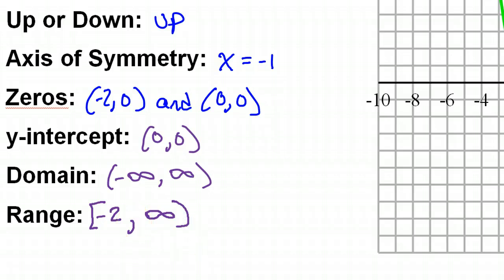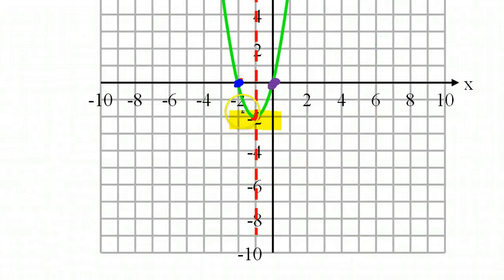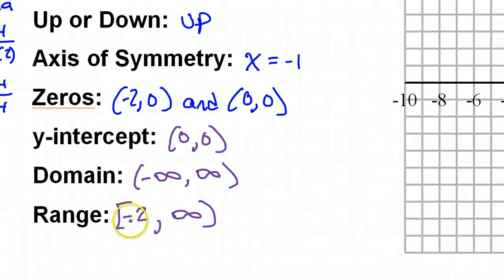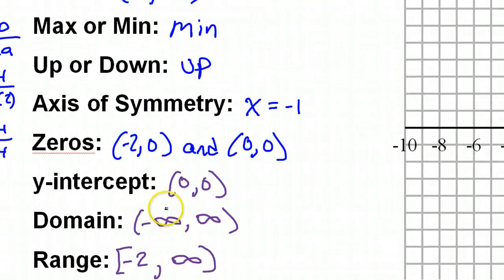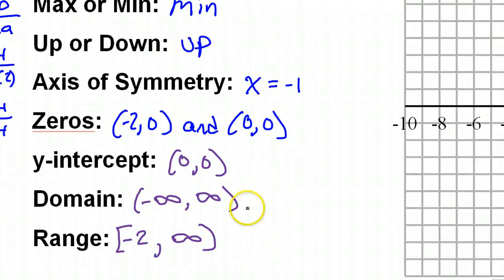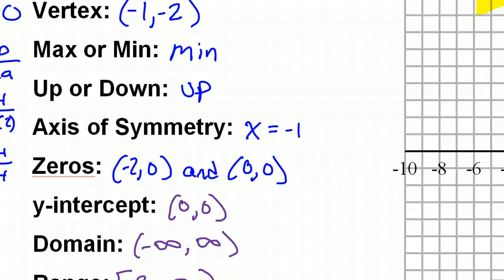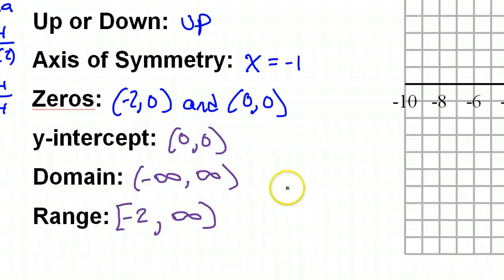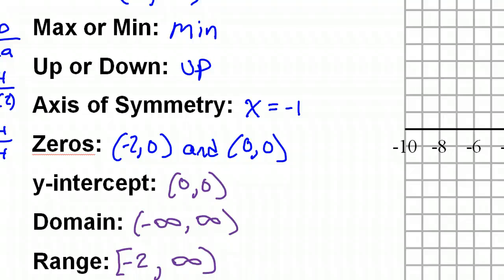Okay, the square bracket means that the negative 2 is included. It's part of the parabola. And in fact, you can see that negative 2 when you look at the vertex. Okay, there's the negative 2 right there. All right, I think that is it for number 18. Okay, make sure you have your range in the right order.